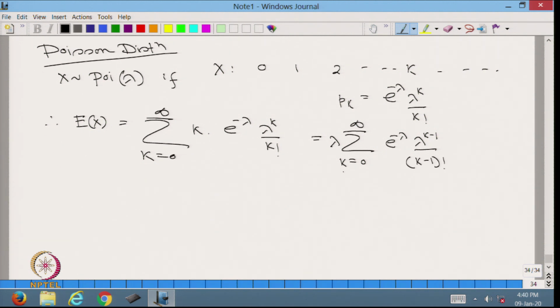As before, since at k = 0, (k−1) factorial does not have any meaning, we start with k = 1.